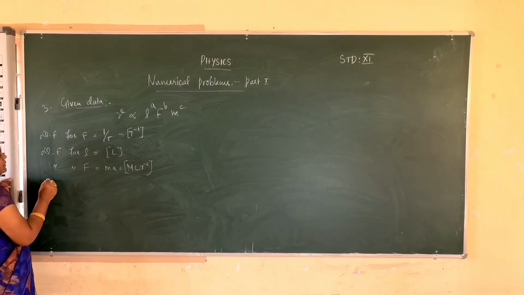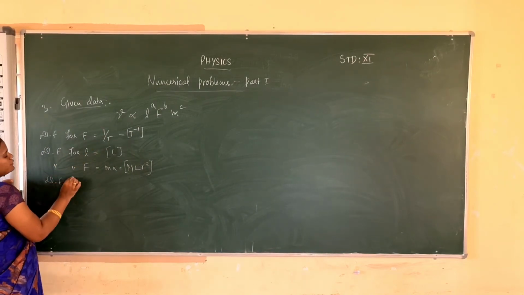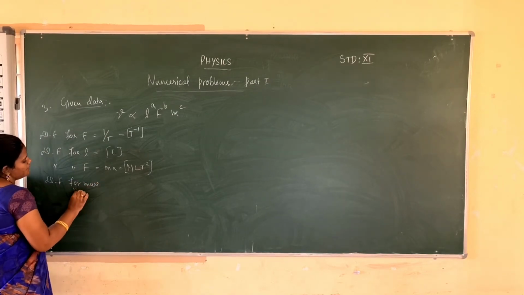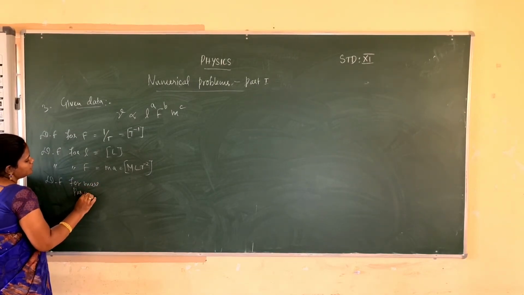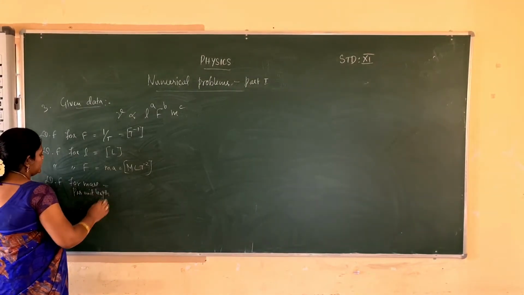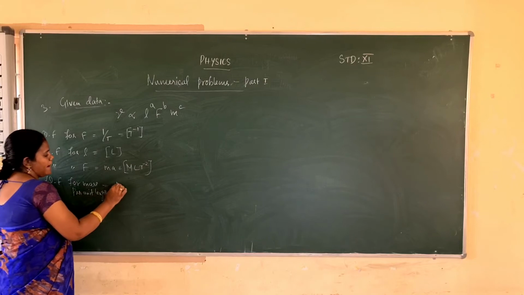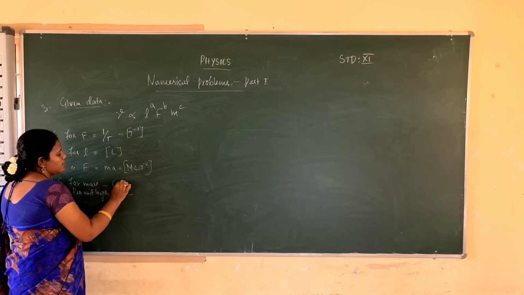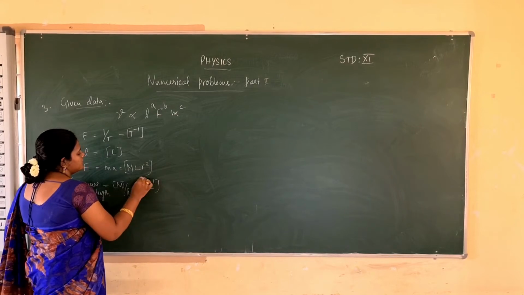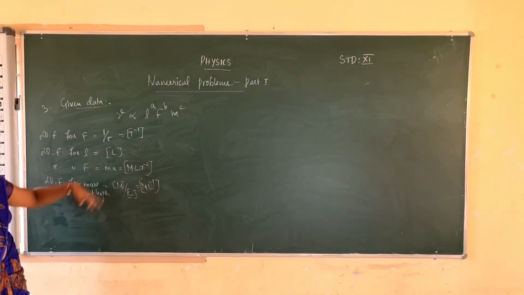And the dimensional formula for mass per unit length is M by L, so M L power minus 1. These are the dimensional formulas for all the quantities.